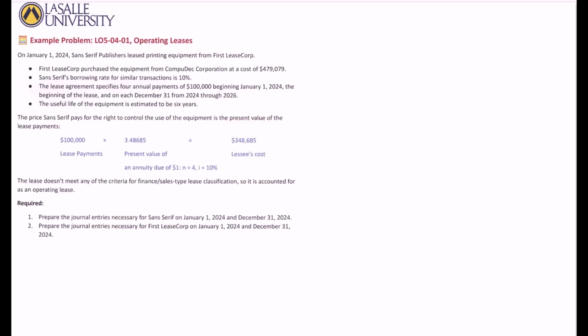All right, so this asset is being used by Sans Serif. It belongs to First Lease Corp, and we're going to need to account for this for both the lessee and the lessor. Okay, so let's start with the lessee. So what happens on January 1st, 2024 for the lessee?